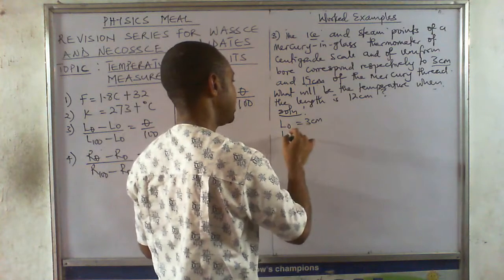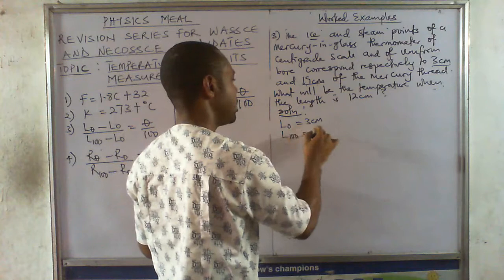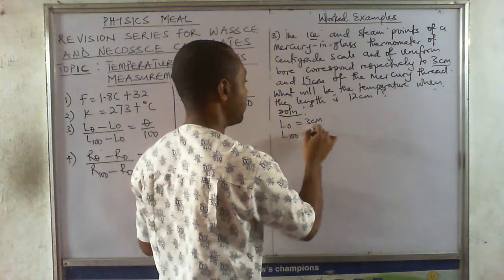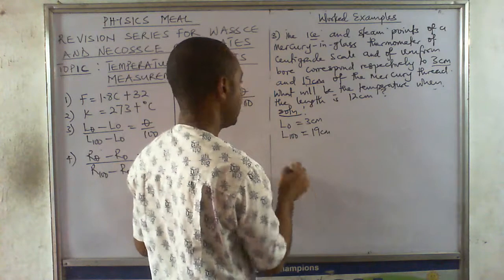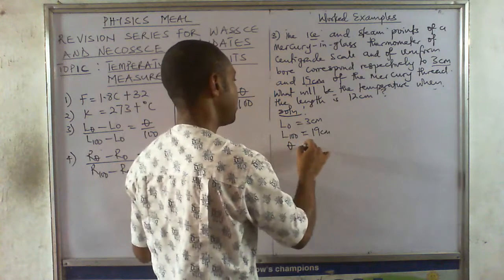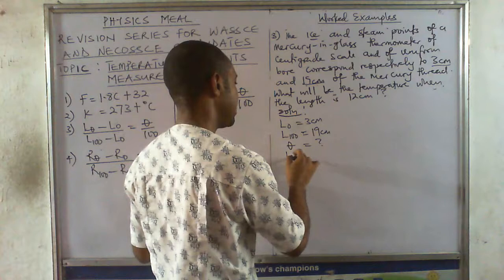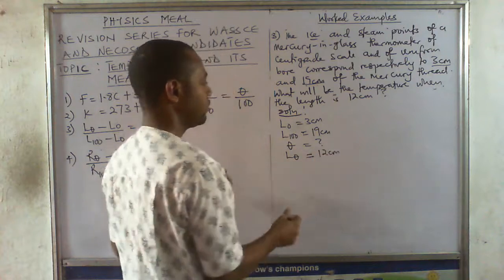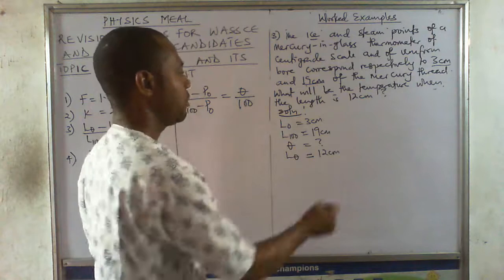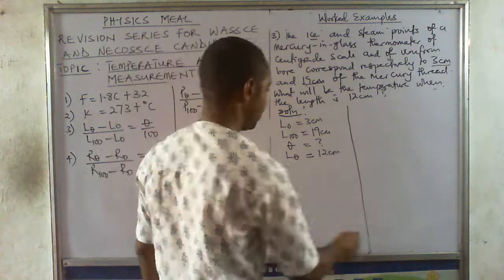And the length for the steam point is 19 centimeter. And they say, what will be the temperature when the length at that temperature we want to calculate is 12 cm? Okay.